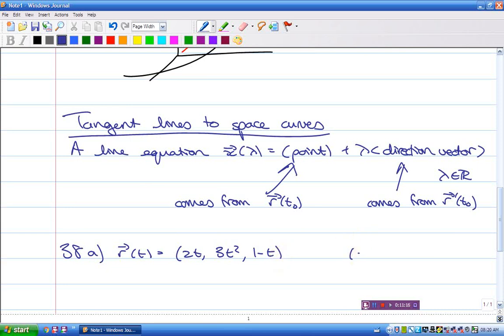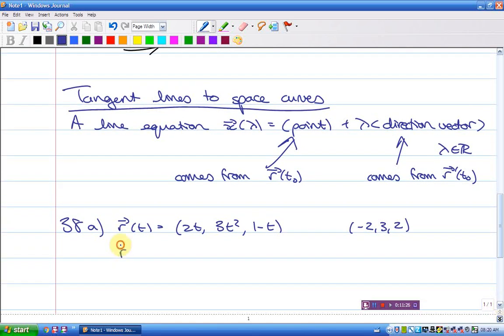I've been given a point. Now the point is useful information, but it's not the most useful information for the purposes that I'm going to require. R dash of t is going to be 2, 6t, minus 1.